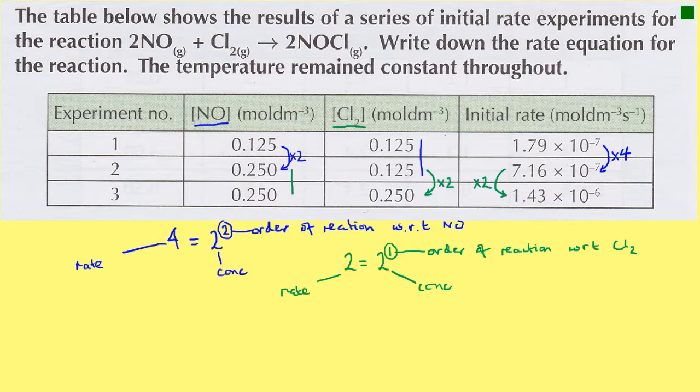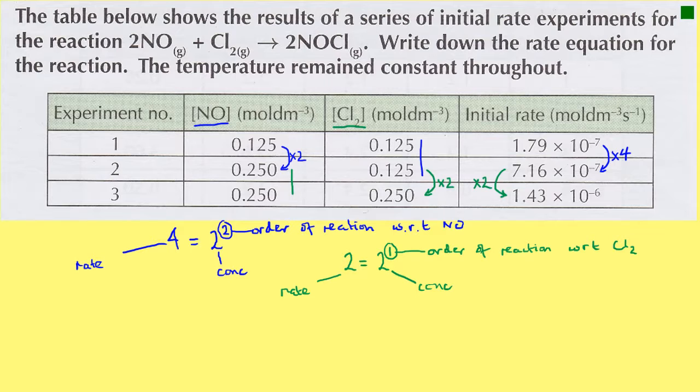And may I draw your attention to experiments 1 and 2. So you'll see in experiments 1 and 2 that what we were trying to do is work out first the order of the reaction with respect to nitrogen monoxide. So what we had to do is keep the concentration of chlorine the same, so it would be a fair test.